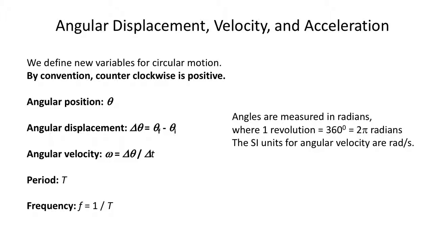Now it's increasing, it's going around this circle, so I'm going to take another snapshot at a short time later. The radius is the same. I now have T final, right? I go from T initial to T final. And I now have an angle that we'll call theta final.